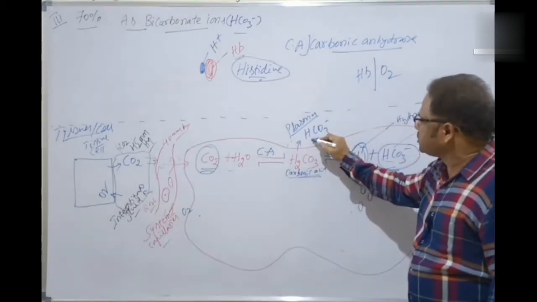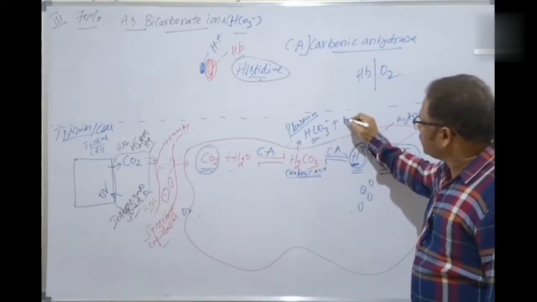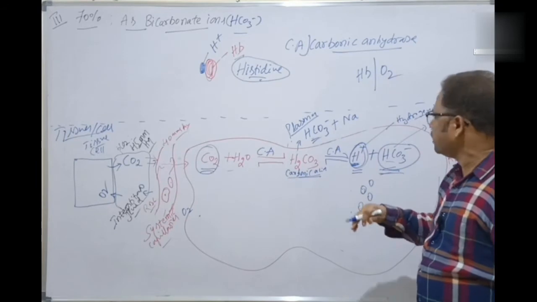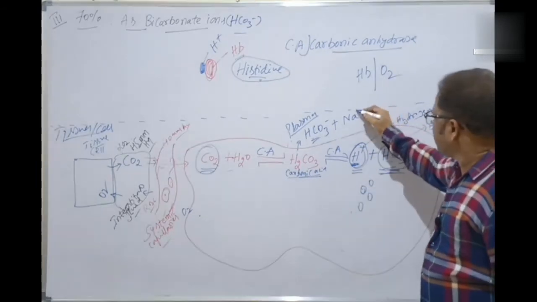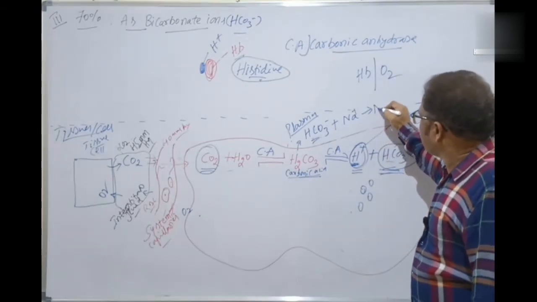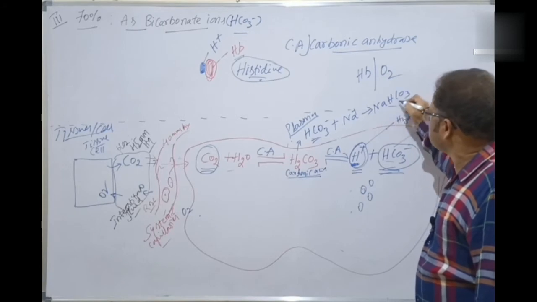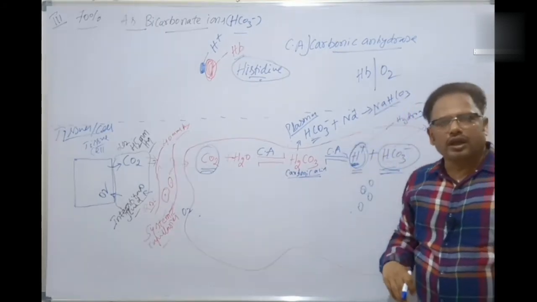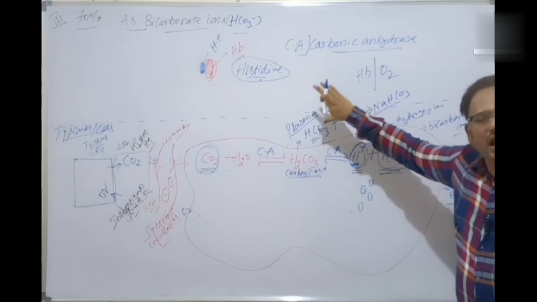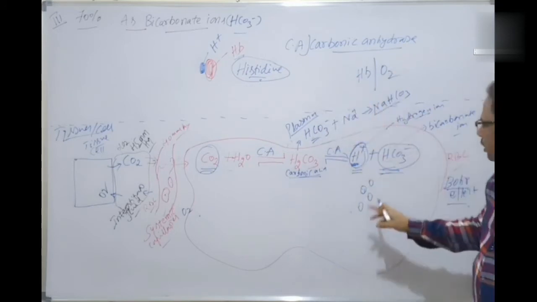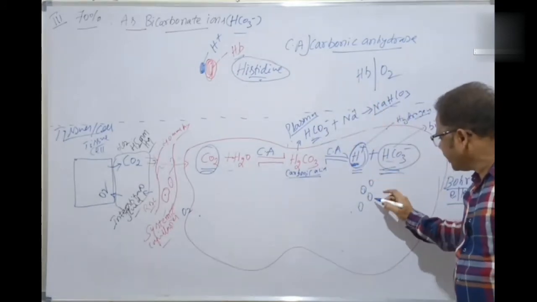When HCO3 minus ions go outside the RBC across this membrane, they are present in the plasma. Then HCO3 minus ions mix with the sodium, and it forms NaHCO3, sodium bicarbonate, in the plasma. Clear, students? Then what happens to those present inside the RBC?